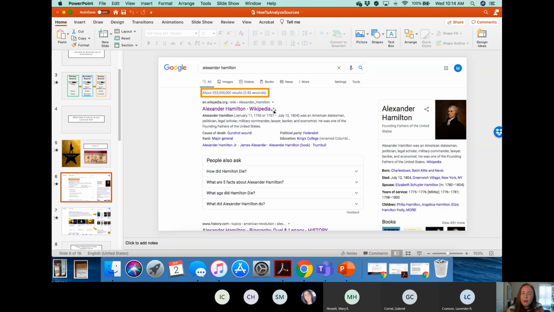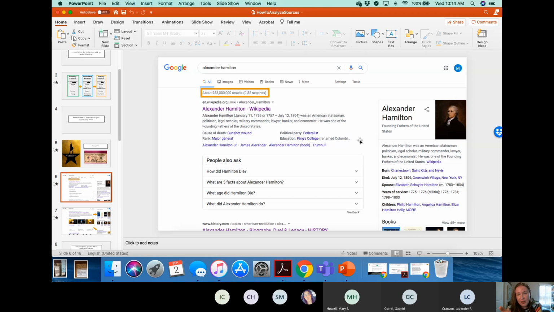So most people, if they're looking at Alexander Hamilton, are just going to read his Wikipedia page, or maybe the little Google stub that's over here on the right. So for most people, just trying to find general information, probably not going to go beyond the tertiary source.